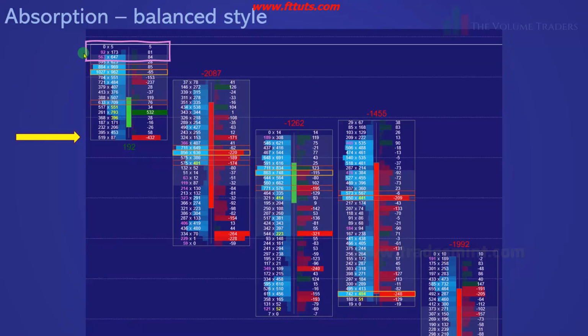Yeah, minus 432 negative delta. Huge difference between sellers and buyers. So the buyers definitely gave up. This difference is amazing. Yeah, 519 sell contracts against just 87. So here is our point of interest to join the market.